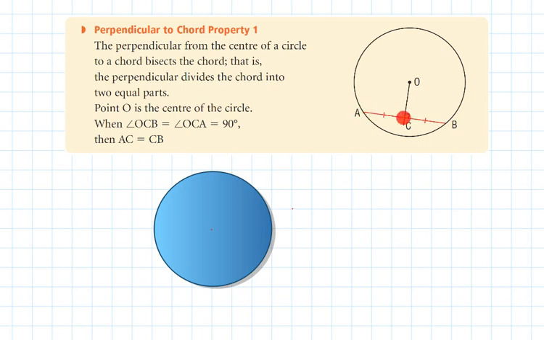So AC equals CB. In these theorems, the perpendicular to chord properties, they're going to write them in 3 different ways, but they'll be talking about the same thing. So you just need to read them carefully.